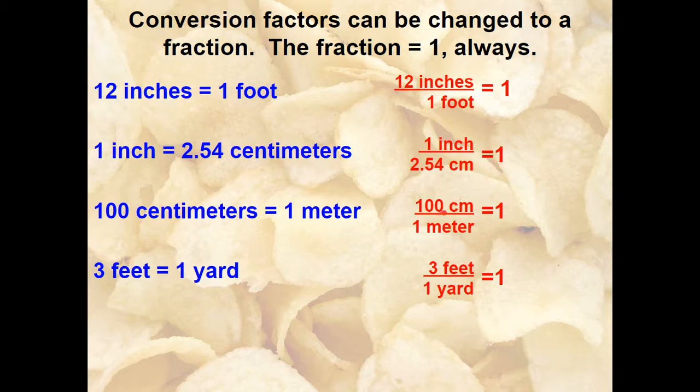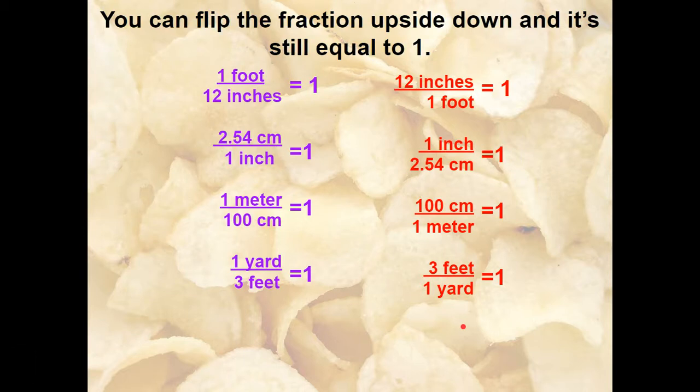Okay, same thing. 100 centimeters to a meter is 1. 3 feet divided by 1 yard is 1. This is going to equal 1 all the time. Okay, that's just a truism of math. Another truism of math is that if this fraction is equal to 1, you can flip it upside down and it's still going to be equal to 1.